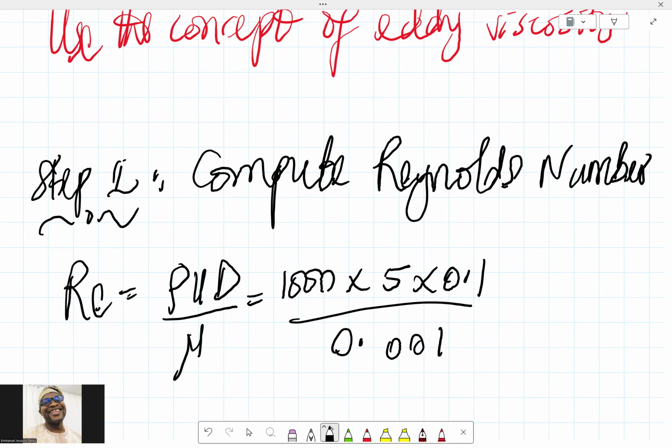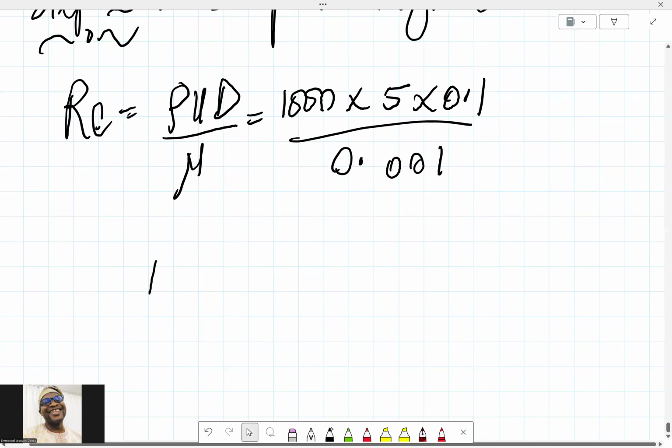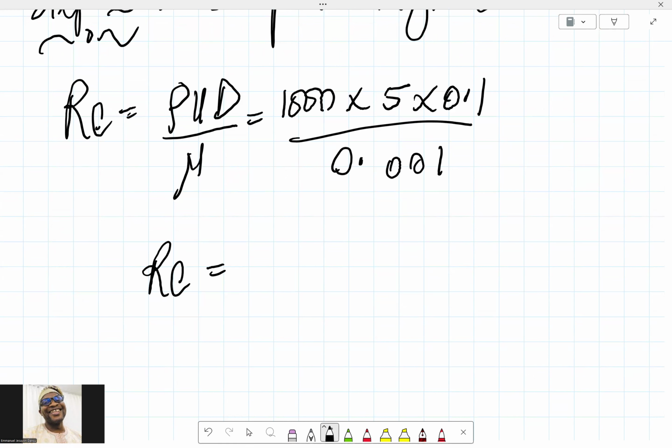So 1000 times 0.1 is 100, times 5 is 500, divided by 0.001.